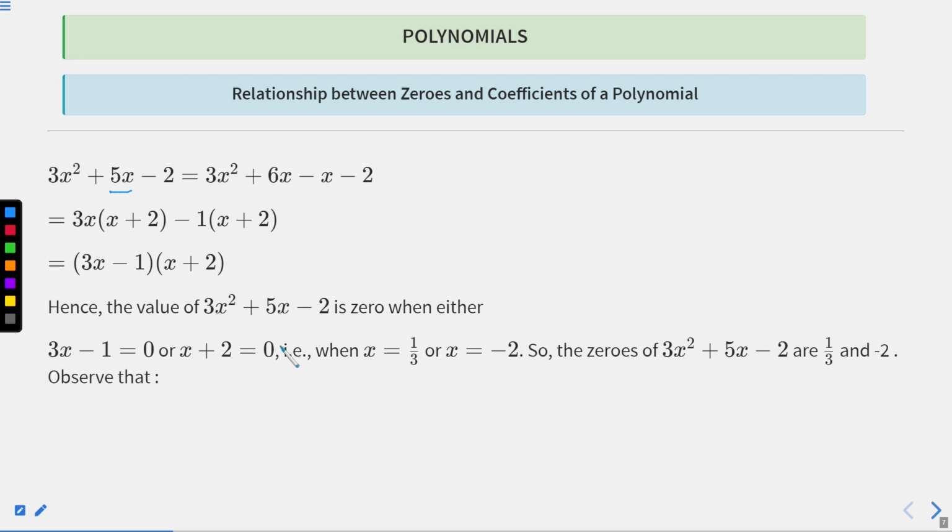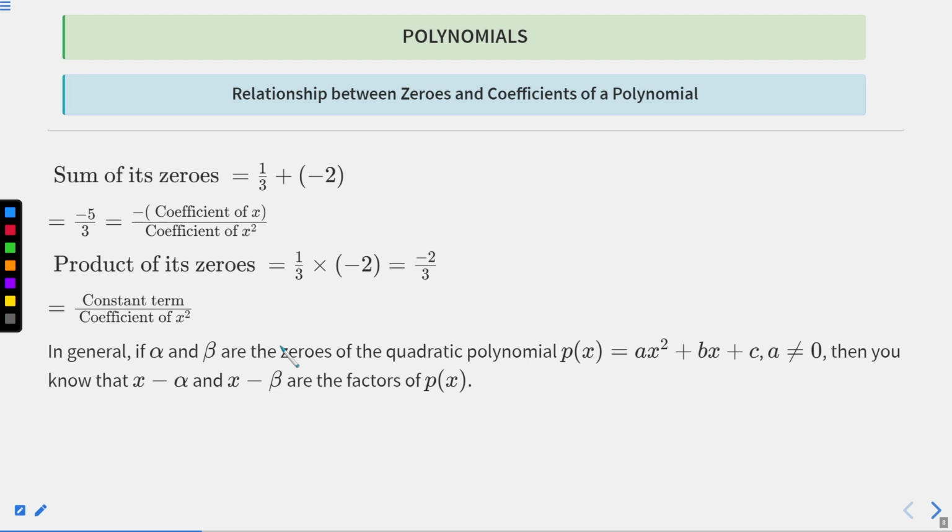So the zeros of 3x square plus 5x minus 2 are 1 by 3 and minus 2. Now we can observe that the sum of its zeros is 1 by 3 minus 2, and this is equal to minus 5 by 3.